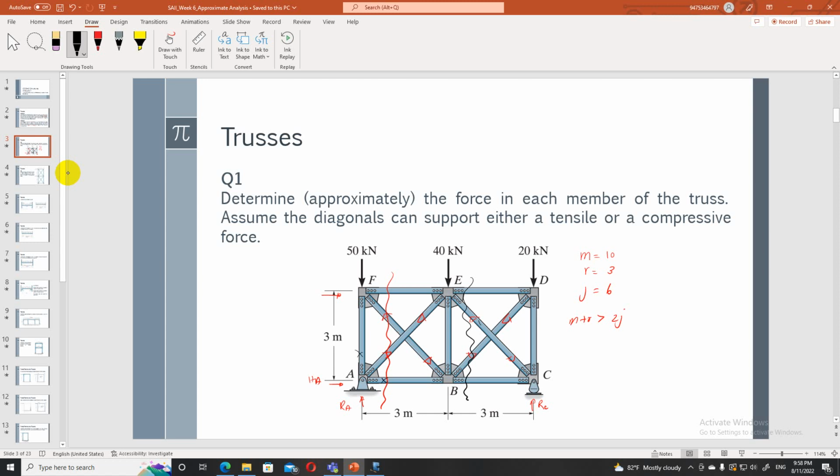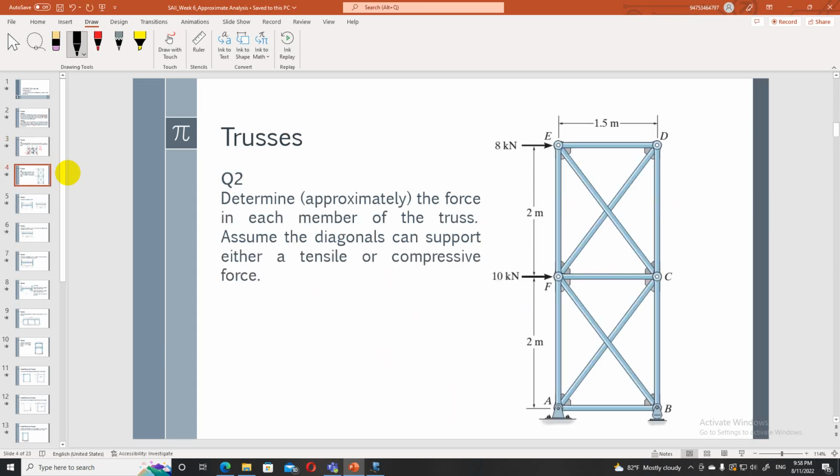If you know this, we can find this member. So like that we can find other member forces. So by solving one or two member forces, we can bring this truss from a statically indeterminate case to a statically determinate case.